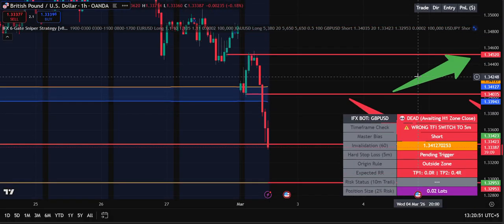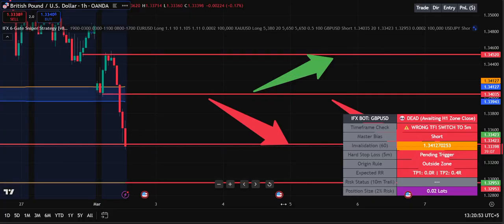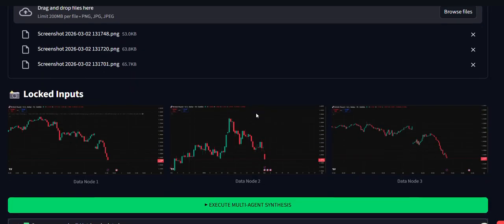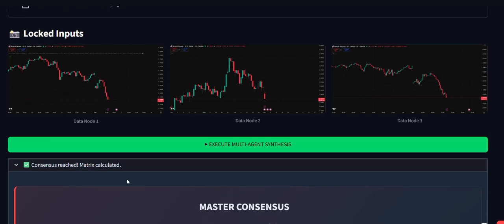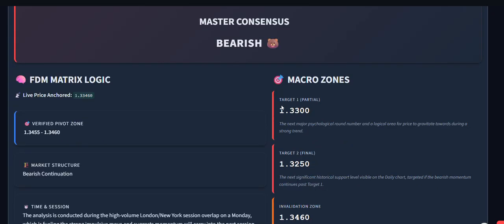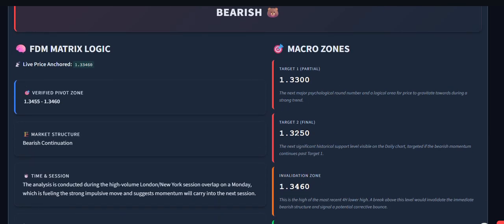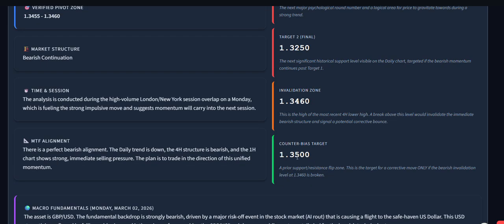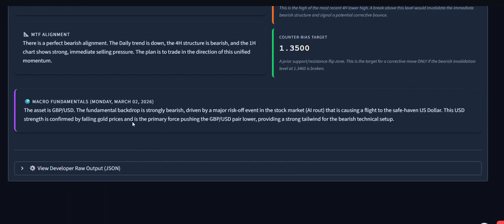So let's check what the AI is saying. Okay, consensus reached, matrix calculated. Of course, it's bearish. Target 1, 1.330, target 2, 1.3250, the invalidation zone 1.3460, counter bias target 1.3500.